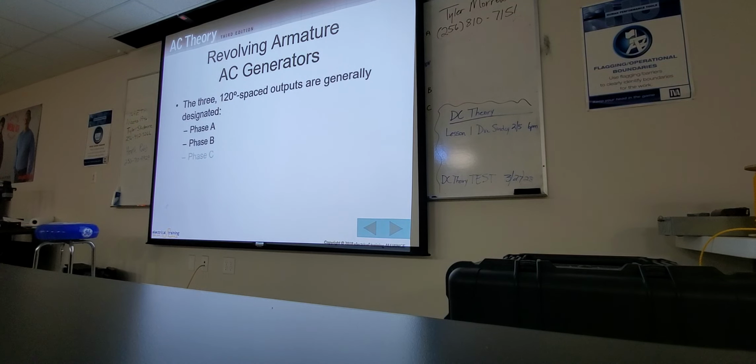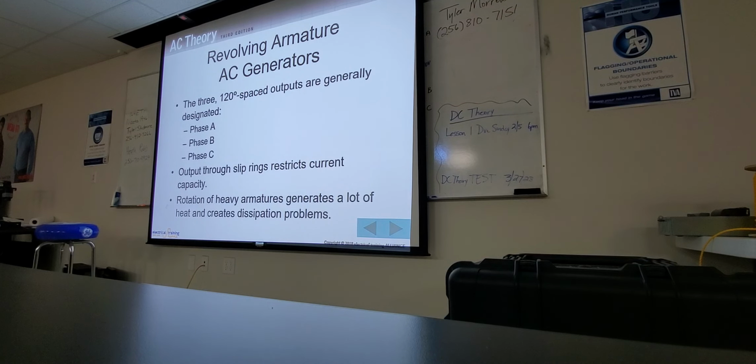The 120 degree spaced outputs are generally designated A, B, and C phase. Output through slip rings restricts current capacity. The rotation of the heavy armature generates a lot of heat and creates dissipation problems.